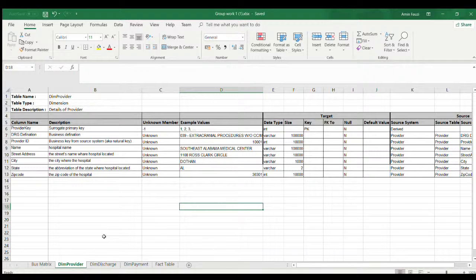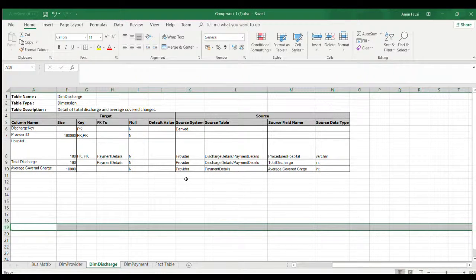The next column is DRG definitions, which is the type of treatment that they serve. Then the next one is provider ID, followed by the name of the hospital, and then the street address, the city, the state, and the zip code of the hospital.